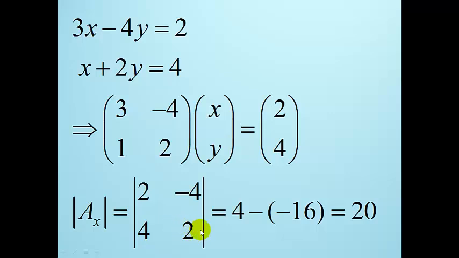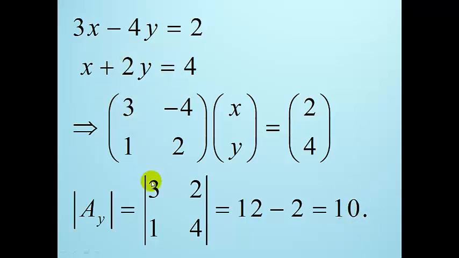How do you find the determinant? 2 times 2 is 4, minus 4 times minus 4 is minus 16. So 4 minus 16 will give us 20, because the coefficient of the bracket here is 1, so we have minus 1 times minus 16, that will give plus 16. So 4 plus 16 will give us 20. That means that the determinant of Aₓ is equal to 20.